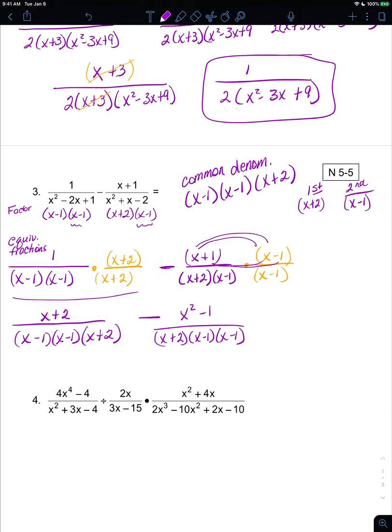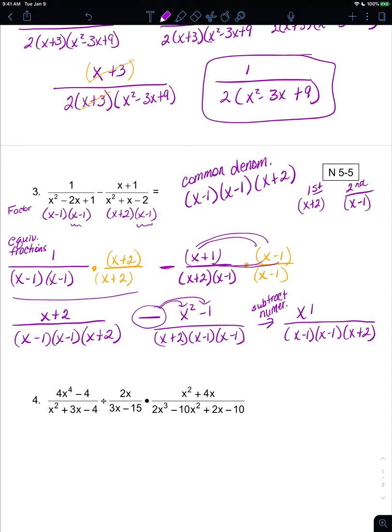Now, since we multiplied that out, remember this minus sign, we've got to distribute it to both of those. So now we're subtracting our numerators, keeping that denominator of x minus 1, x minus 1, x plus 2.